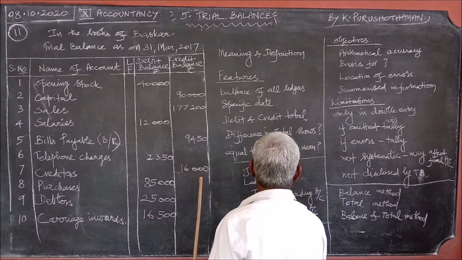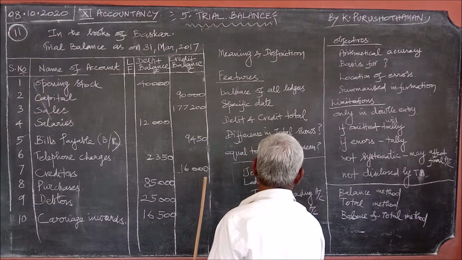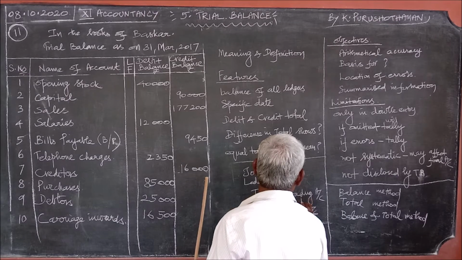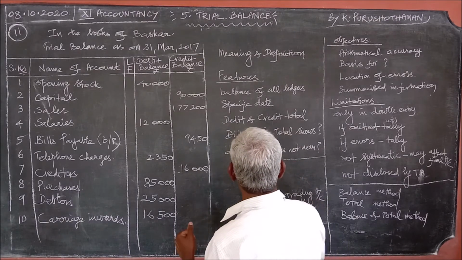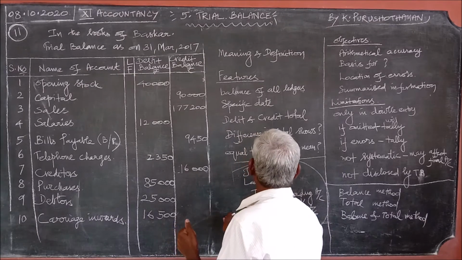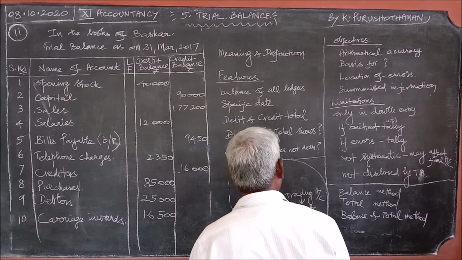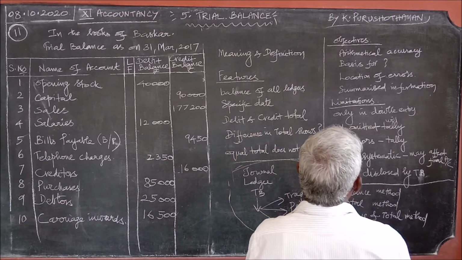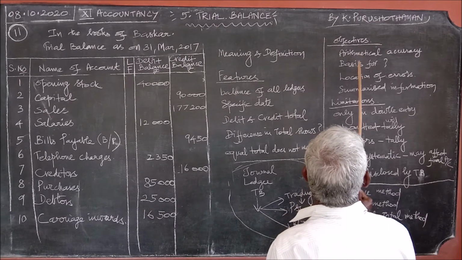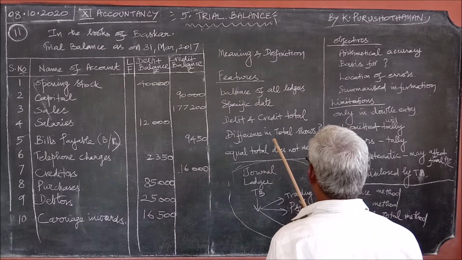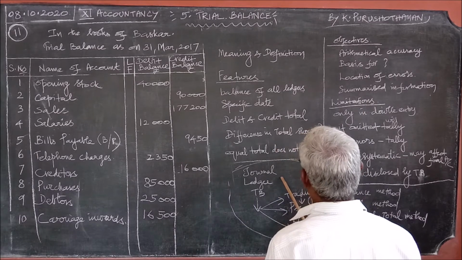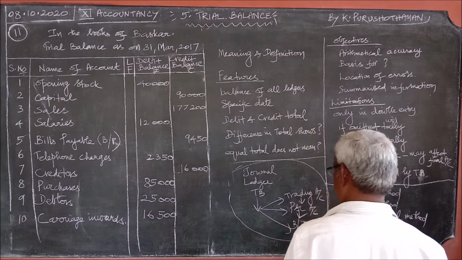These are the three from this trial balance. So if you complete all these six accounts, the accounting cycle will be complete. That's what is given. On what basis is it prepared? To complete the accounting cycle, it is prepared.